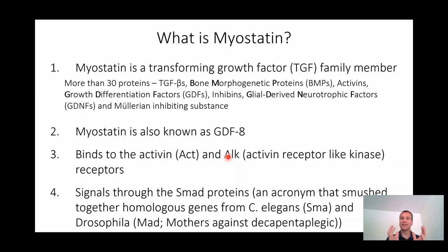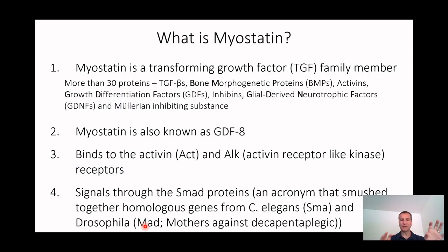And when ALK is activated, it's going to signal through these proteins called the SMAD proteins. SMAD is an acronym where you smush together the genes that they were discovered in C. elegans, or these little worms, which were called the SMA genes, and the ones that were discovered in Drosophila, which were called the MAD genes, the mothers against decapentaplegic.